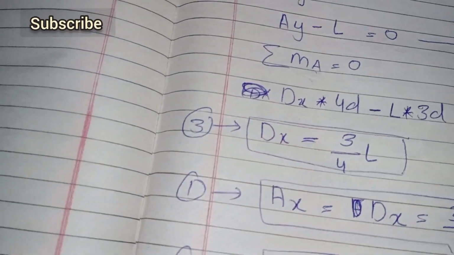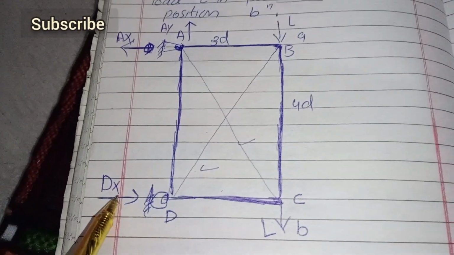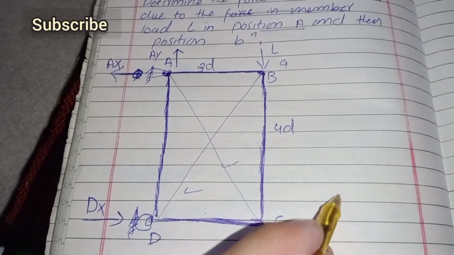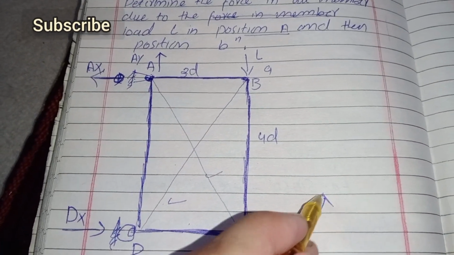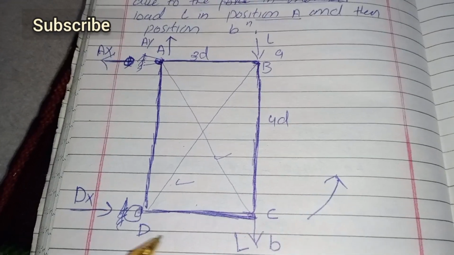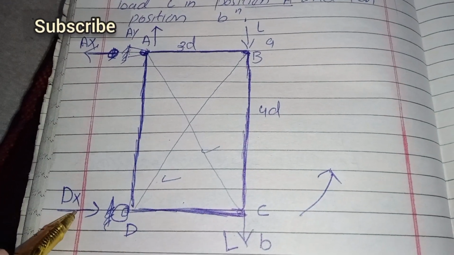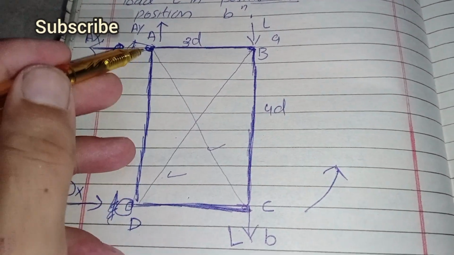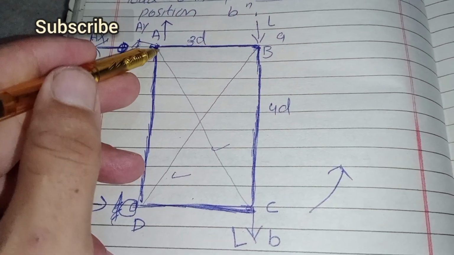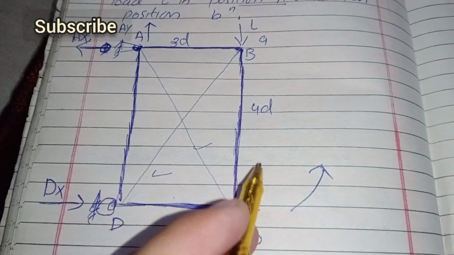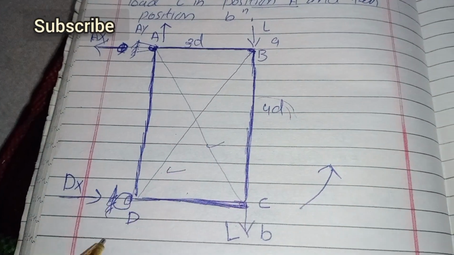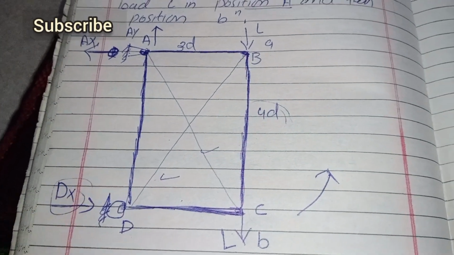This is the force DX, which tries to rotate this truss anti-clockwise. So DX times the distance from A, DX times 4d. This is the distance and this is the reaction force.